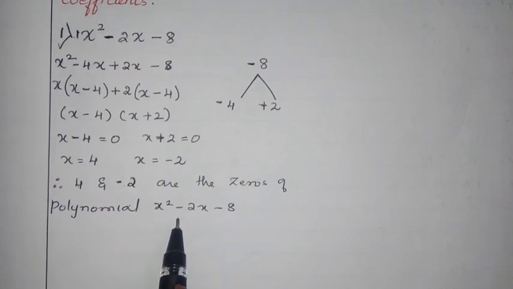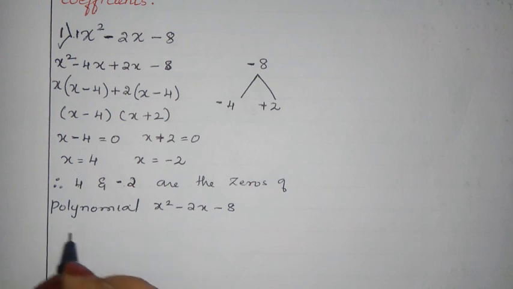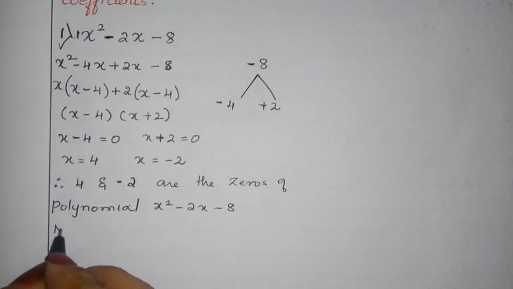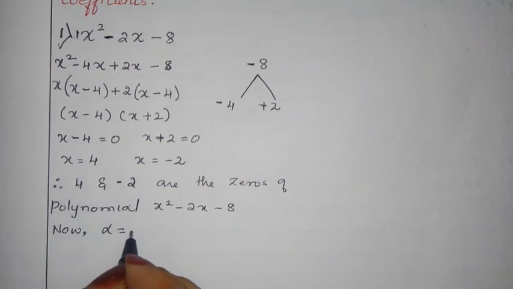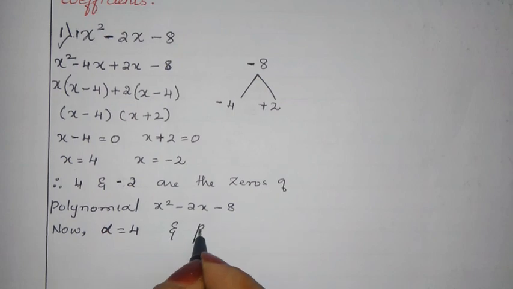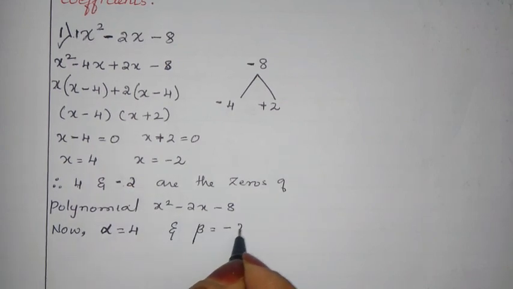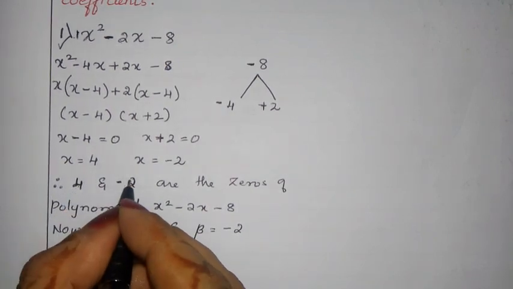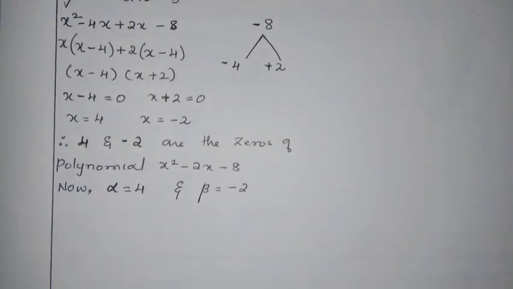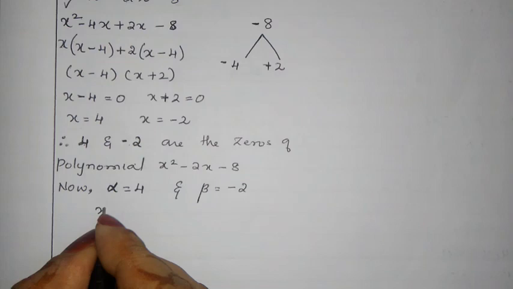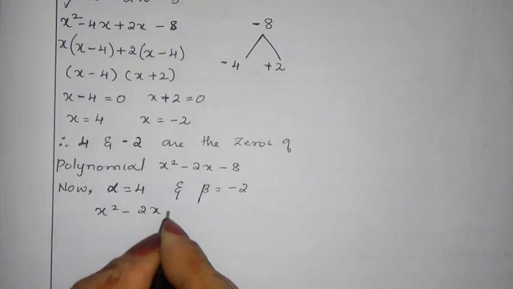But they have told us to verify the relationship. So how will we verify the relationship? Now alpha and beta are the zeros of the polynomial. Alpha is equal to 4 and beta is equal to minus 2. We consider the zeros we got as alpha and beta, and the given equation is x square minus 2x minus 8.